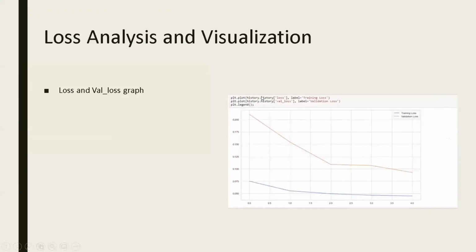Loss analysis and visualization. In this part, we visualized our loss and validation loss values that we obtained after running our model. The red line on the graph is the loss from our training data, and the blue line shows our validation loss values, as you can see.